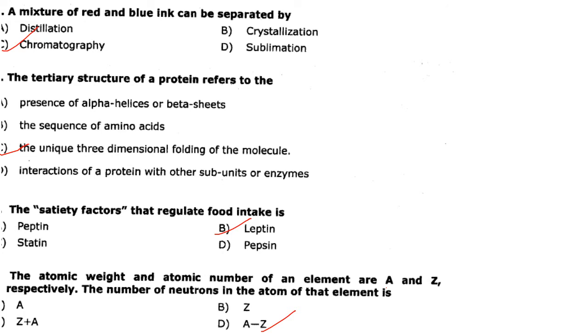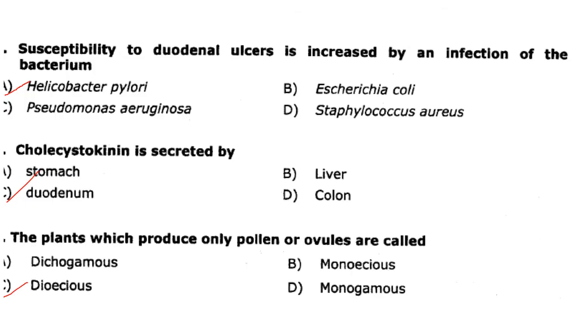The satiety factors that regulate food intake is leptin. Answer is option B. The atomic weight and atomic number of an element are A and Z respectively. The number of neutrons in the atom of that element will be atomic weight minus the atomic number of the element, that is A minus Z, and the answer is option D. Susceptibility to duodenal ulcers is increased by the infection of the bacterium.